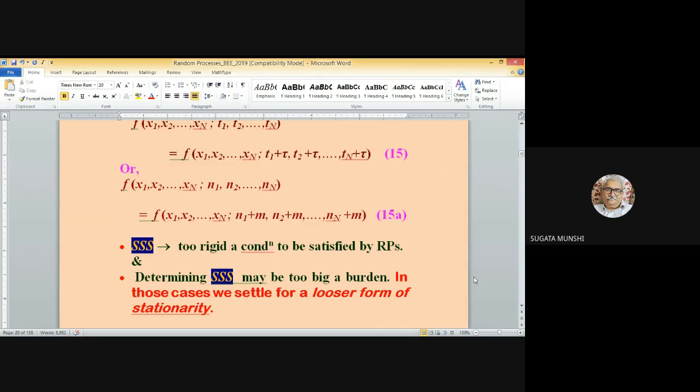So if we have certain random processes that satisfy condition 15 or 15a, as the case may be, for some small finite value of capital N, then we may be able to test whether that condition is satisfied or not, and we can settle for considering it as a condition for stationarity.